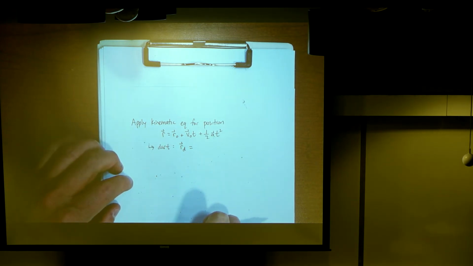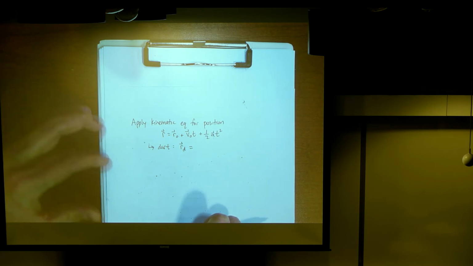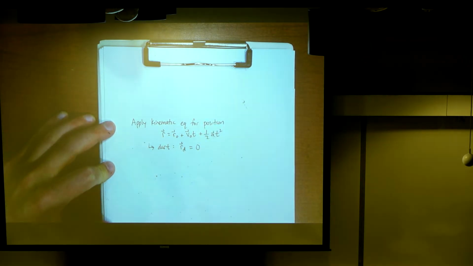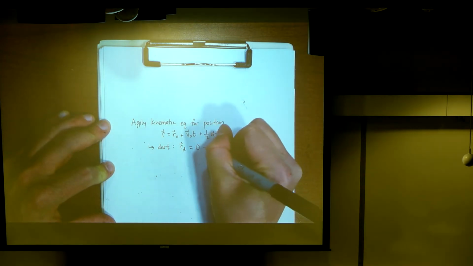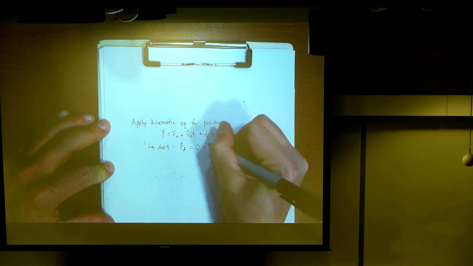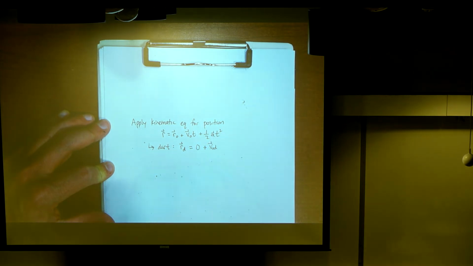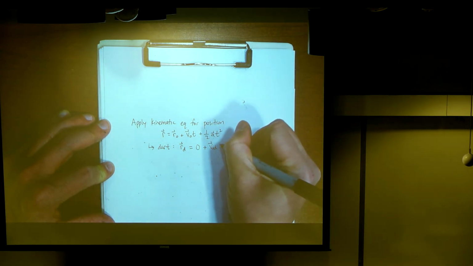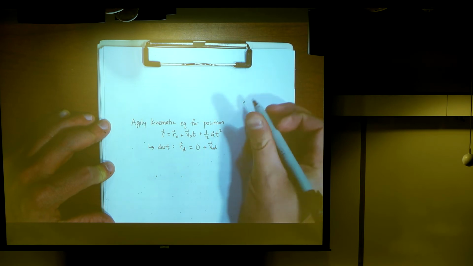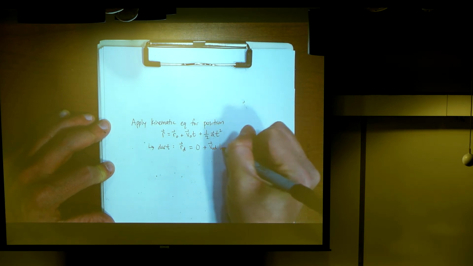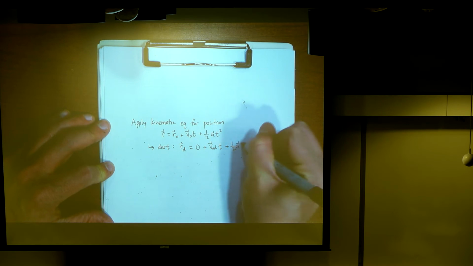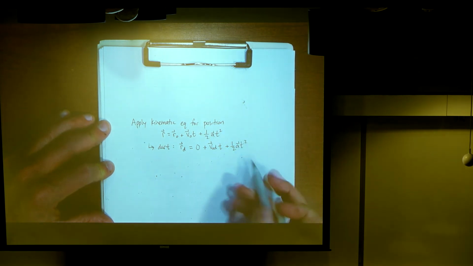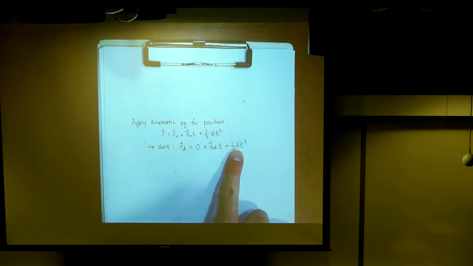Remember, we put the origin right where the dart is initially starting off, so that means its initial position is 0. Then I'm just going to write V0D for the dart. So this is whatever the initial velocity is. I'm not even going to assume anything about it for the time being. And then we have 1/2 AT squared. So this is the acceleration from gravity, but I'm just going to write it this way for now, okay?